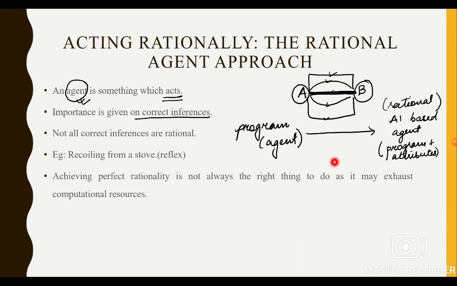Now, correct inference, we talked about that it gives importance to correct inference. But correct inference is not all of rationality. That means it is not always rational, because there are often situations where there is no provable correct thing to do, yet something must still be done. Take the example of recoiling from a stove. If I touch a stove, I know that it is hot, so I will simply remove my hand from it.